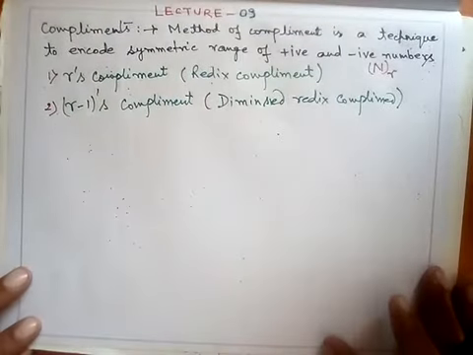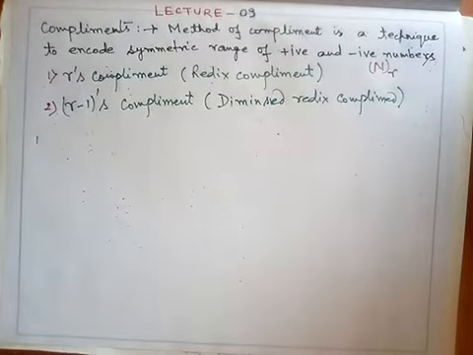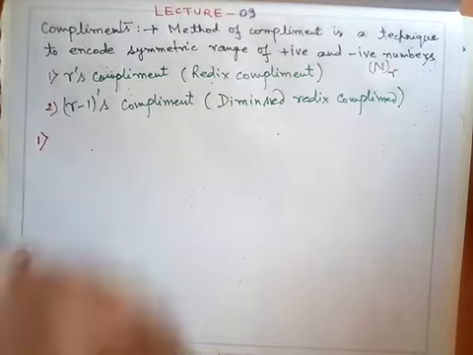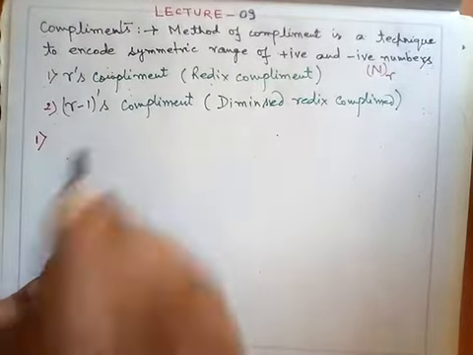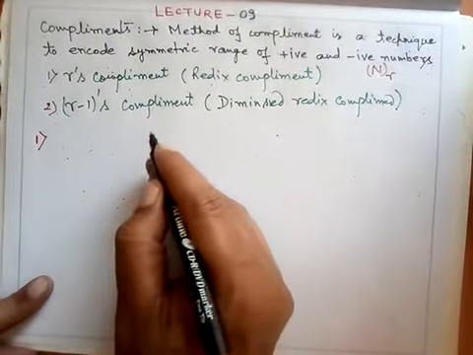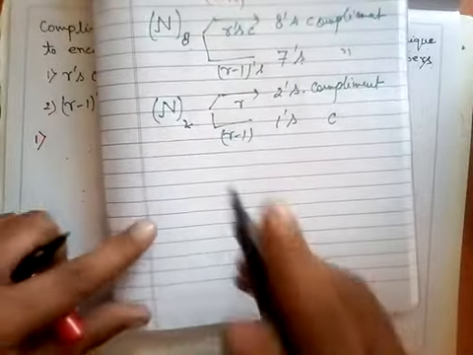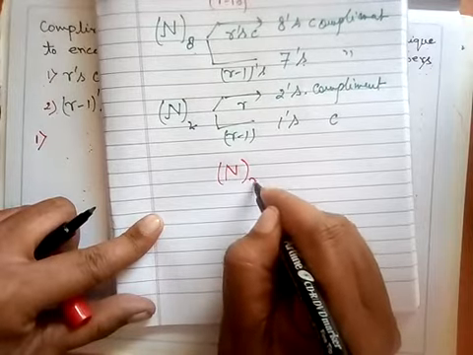Now let's come to the mathematical definition. First I'll discuss the r's complement. What is the mathematical definition of the r's complement? Suppose you have a number n with base r.